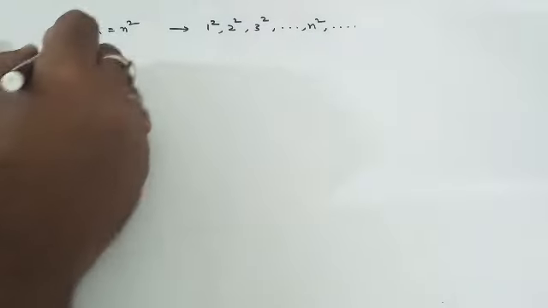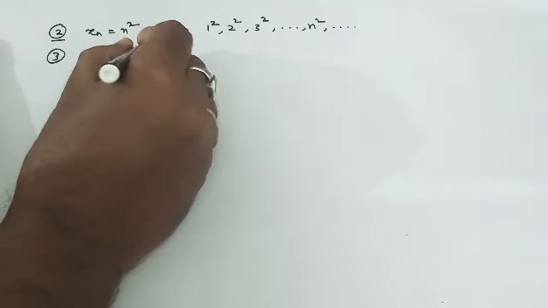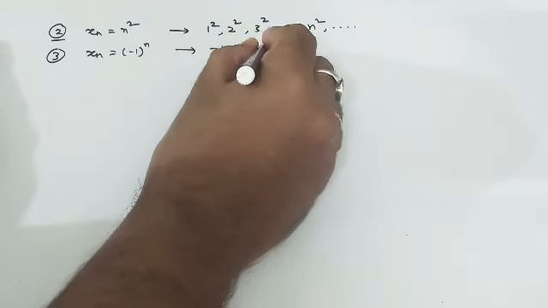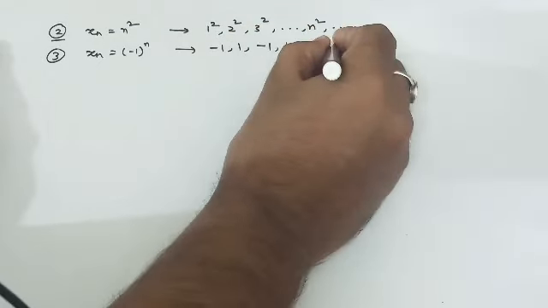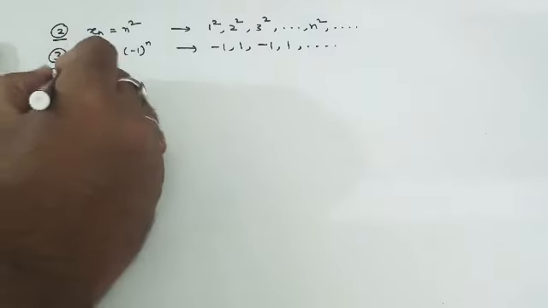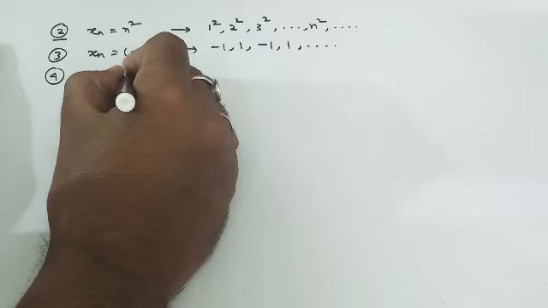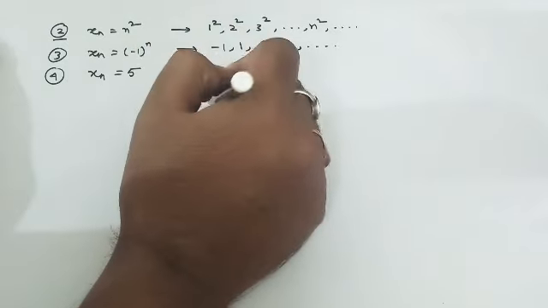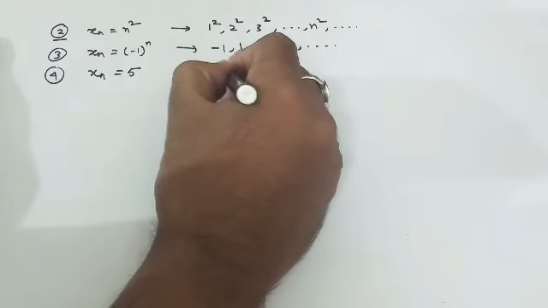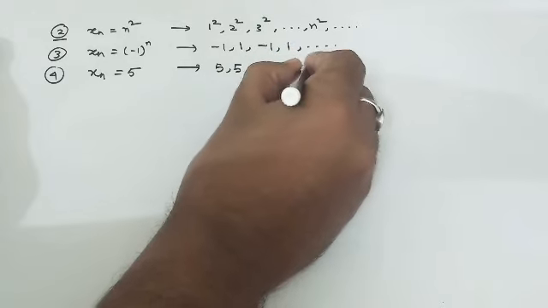Take another example: xn equals minus 1 to the power n. In that case, you have minus 1, plus 1, minus 1, plus 1, minus 1, plus 1, and so on. Take another example: xn equals a constant quantity, say 5. So in that case, for n belonging to capital N, you have 5, 5, 5, 5.